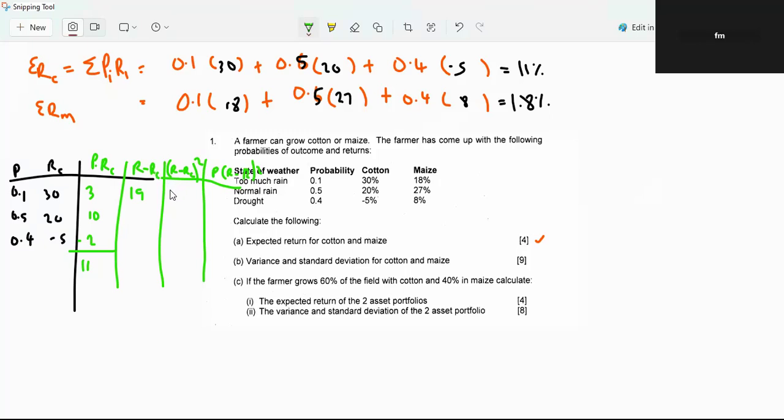Then you multiply the 361 by the probability, 0.1. What do we get? 36.1.